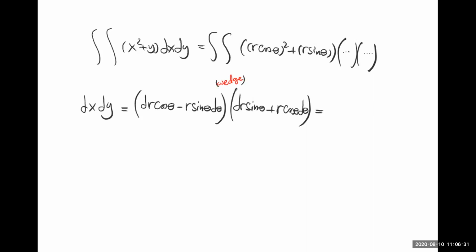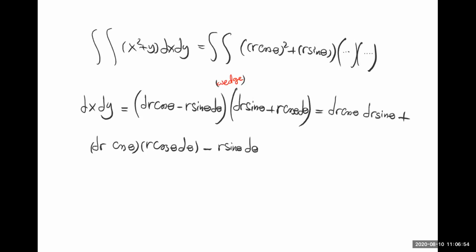So it would be dr cosine theta times dr sine theta, plus dr cosine of theta times r cosine of theta d theta, minus r sine of theta d theta dr sine of theta, minus r sine theta d theta r cosine theta d theta.